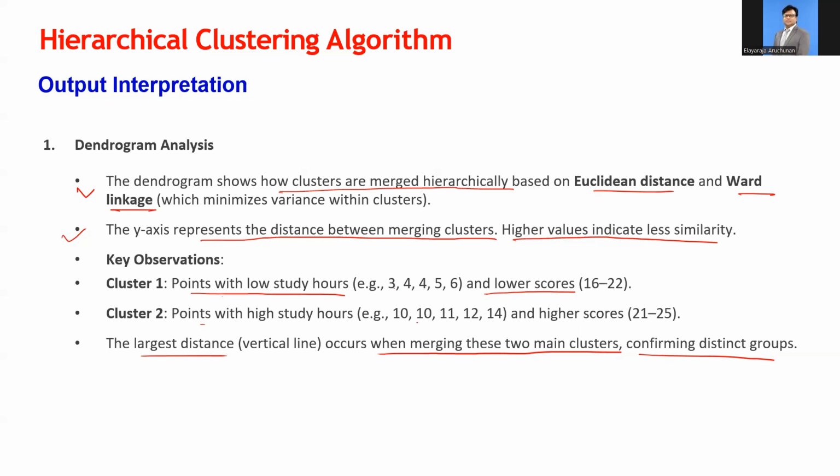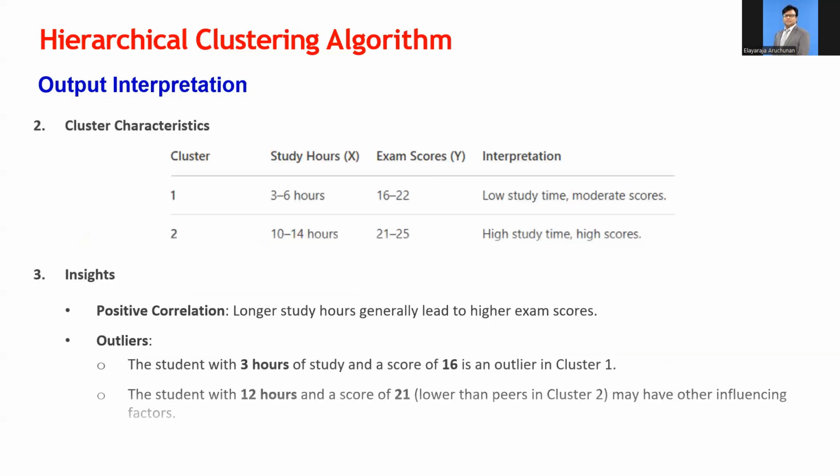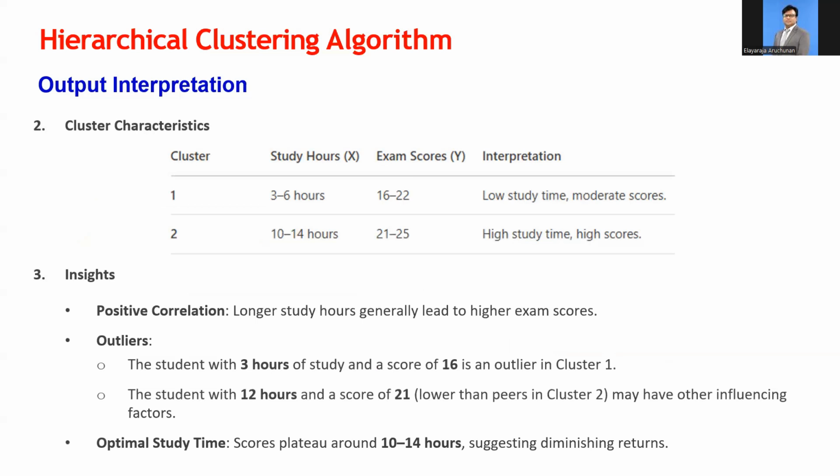We are able to see this based on the result we obtained in the dendrogram. Next, the cluster characteristics. As you can see, we have two clusters as mentioned. The first cluster has study hours of 3 to 6 hours and exam scores of 16 to 22 marks, and we can interpret that low study time had a moderate score.